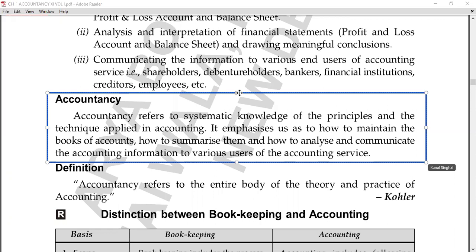It emphasizes as to how to maintain the books of accounts, how to summarize them, and how to analyze and communicate them.